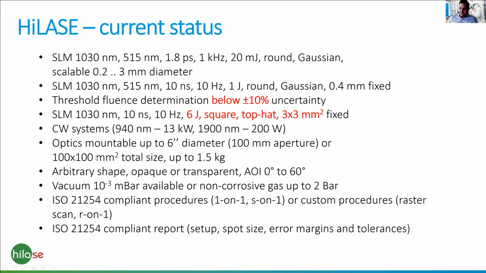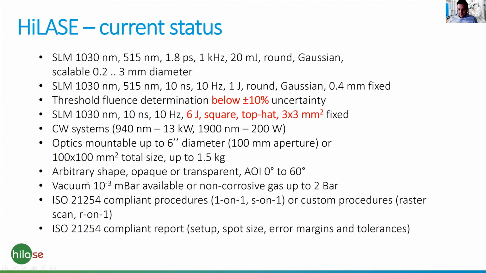We are able to test optics up to 6 inches diameter with limited aperture 100 millimeters, or total size 100 by 100 millimeters, and up to 1.5 kilograms. We are not limited by shape or by opaque or transparent, and we can test for angle of incidence.